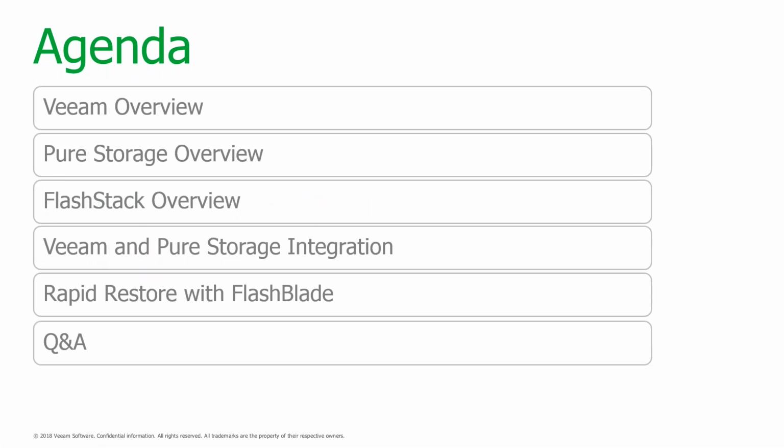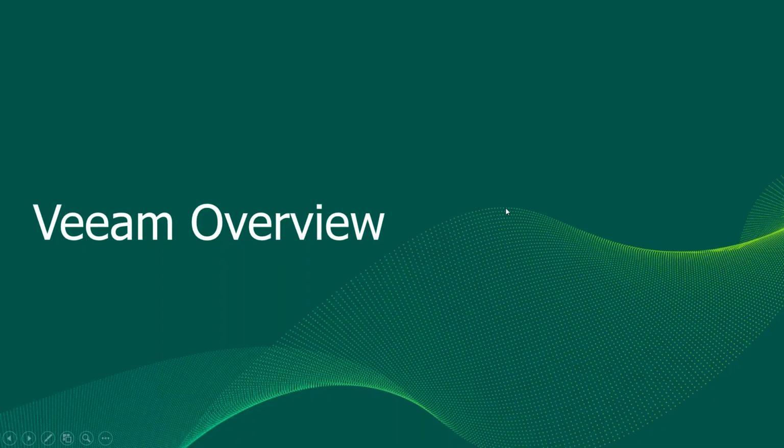We'll then talk a little bit about how you can get hyper availability for your FlashStack environment through our Veeam and Pure Storage integration. And then we'll also talk about rapid restore capabilities with FlashBlade as an off-array backup target. Like I mentioned before, we've allocated some time for Q&A at the end. So let's go ahead and start with the Veeam overview.